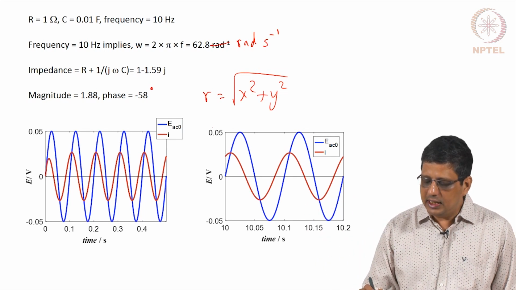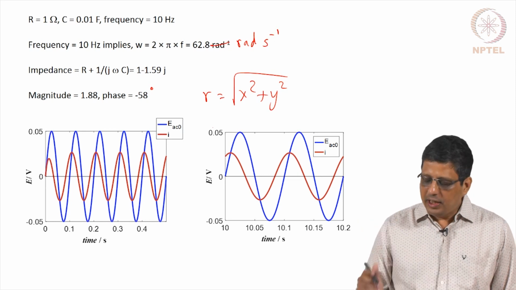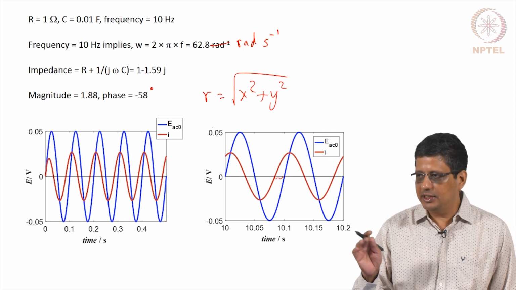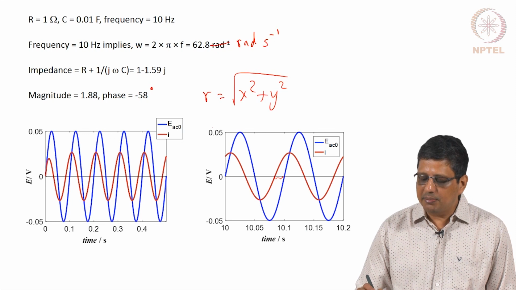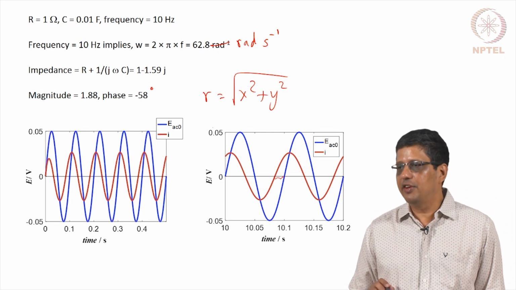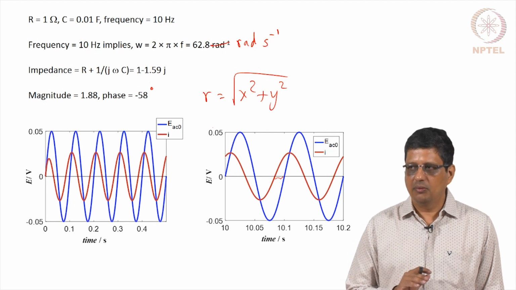The distance here in the time scale will tell us the difference. So, we find this distance divided by the entire period multiplied by 360, which should give us the phase difference, and that should come to 58. Since the current comes before the potential, 58 here will become minus 58 for the impedance. That is a slightly better way of doing it.